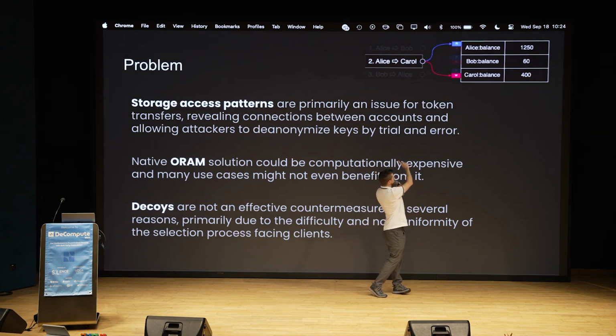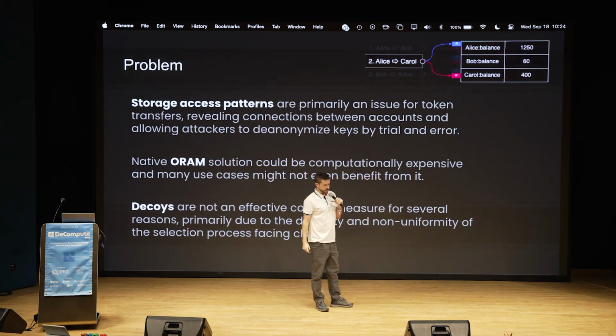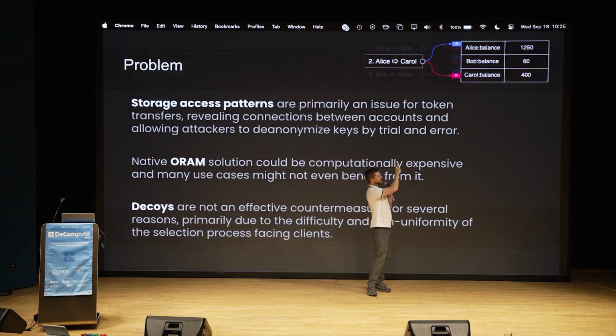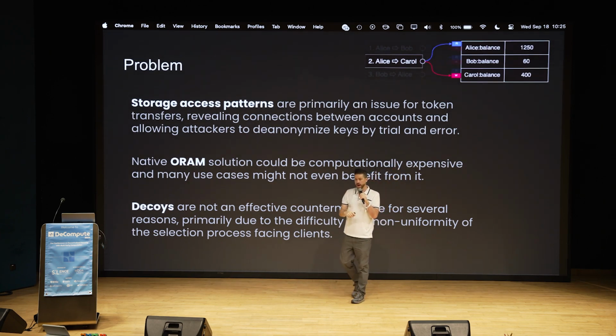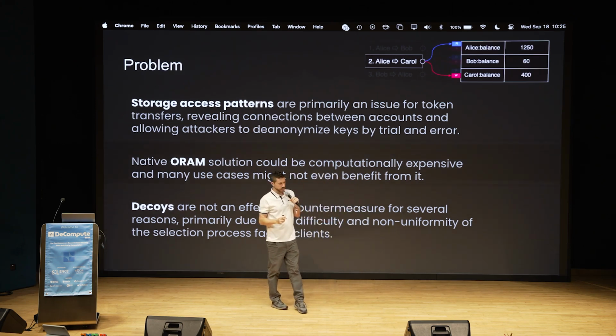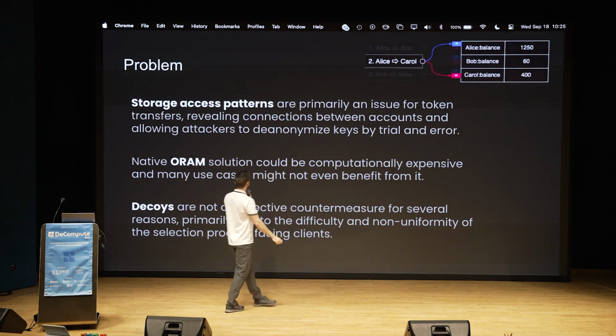And the reads and writes to this storage area is a side channel. So an attacker can see which specific rows in this key value database are being read from and written to, and they can actually monitor the timing of when those reads and writes are occurring. And this is the basis of storage access pattern vulnerabilities.